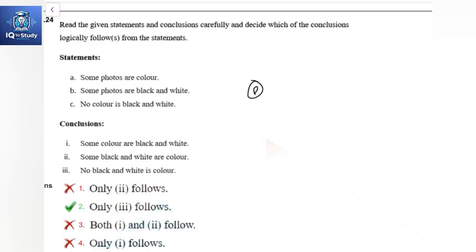Some photos are color, some photos are black and white, and no color is black and white.